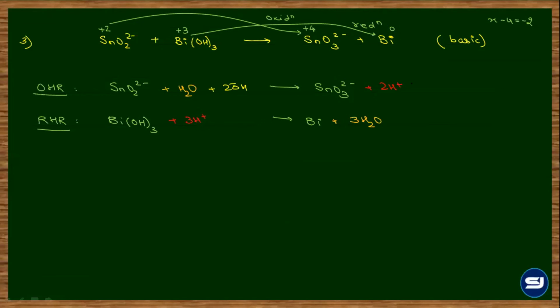So I'll add 2 OH minus and 2 OH minus. With this, also observe that this will become twice H2O and this was 1 H2O. So यहाँ से एक गायब हो जाएगा and overall I'll get 1 H2O. चलेगा ना? Yes, sir. And this will be added with 3 OH minus on both the sides. Then observe that this will give 3 H2O, which will be balanced with 3 H2O on the right.